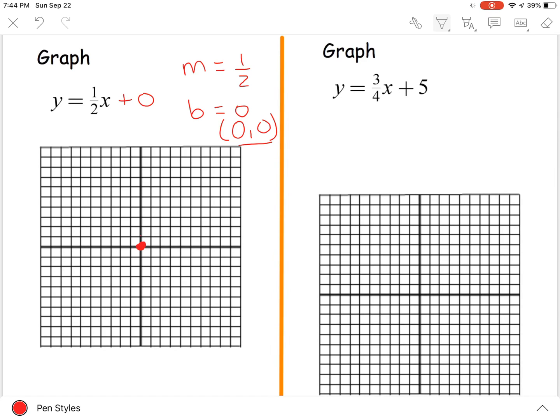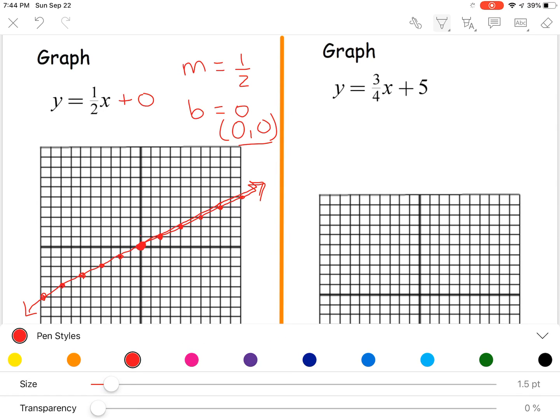So we're going to go up 1 and over 2, up 1 and over 2, up 1 and over 2. And again, I like to fill in my whole graph just because of consistency. Consistency in graphing is really, really key. You notice how my line wasn't quite perfect. That's why you should use a straight edge. So that's our y equals half times x.